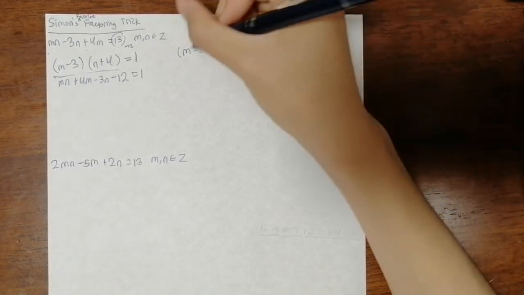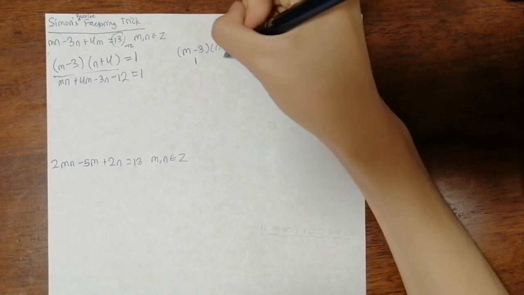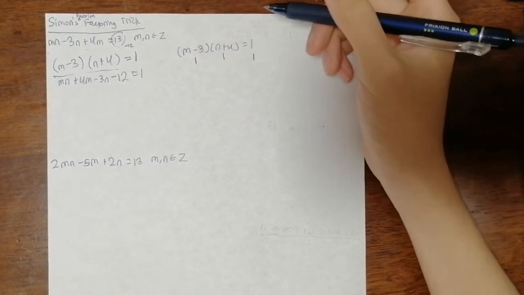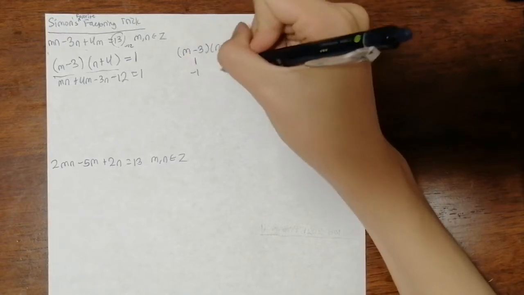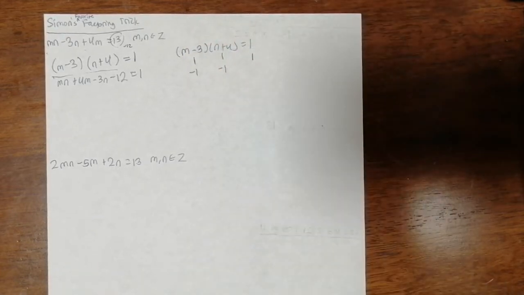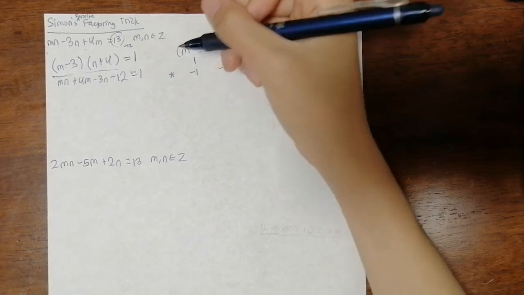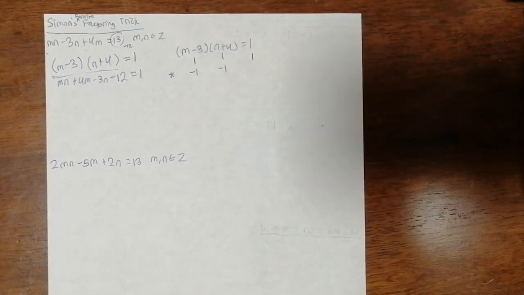So we can either have 1 and 1, or m minus 3 equals 1 and n plus 4 equals 1. We could also have negative 1 times negative 1, because when you multiply two negatives, you get a positive. Just make sure that you remember the negative case, because a lot of times people forget about this case and they miss the answer by a few solutions.